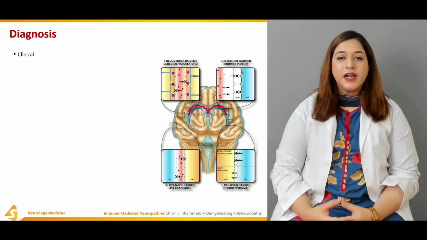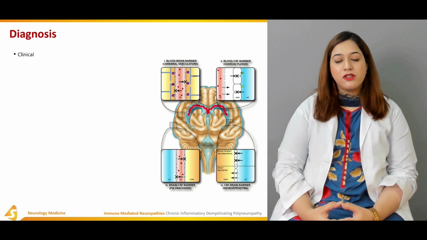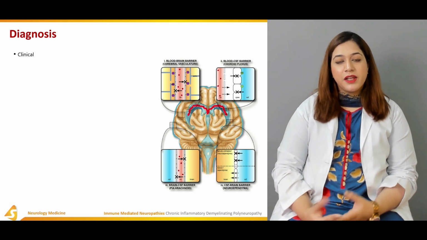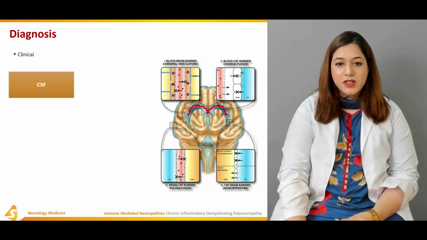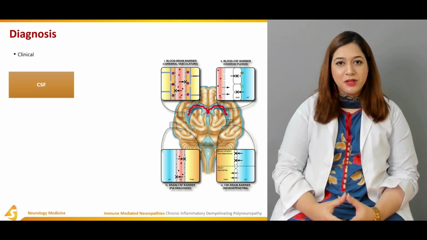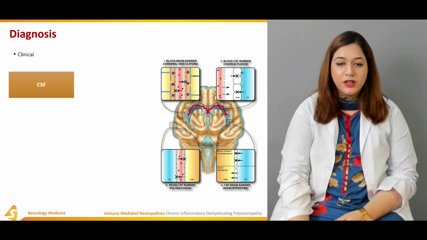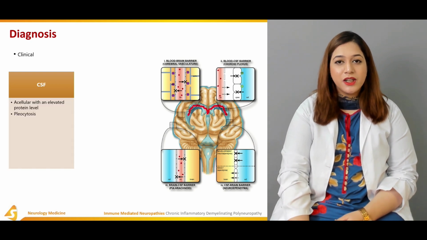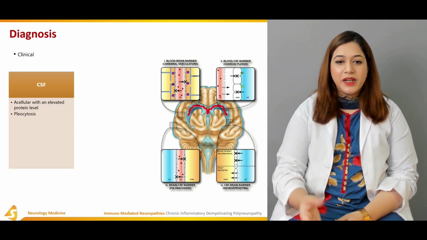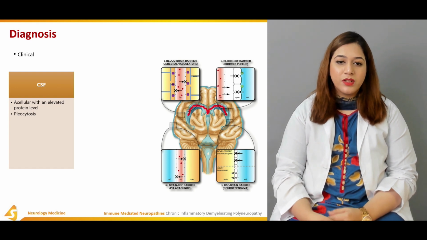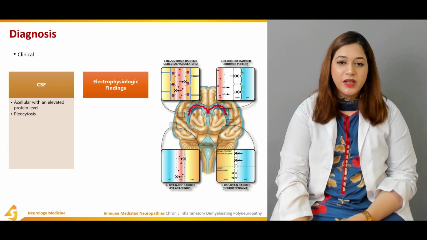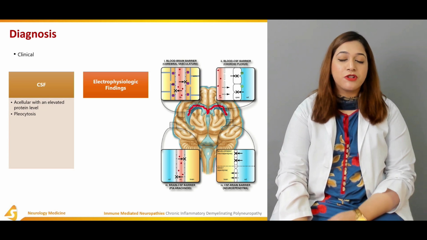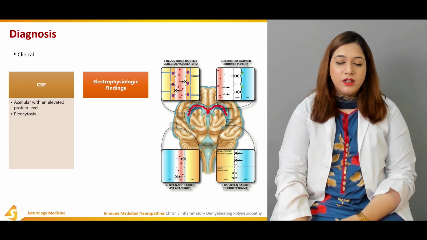Now, the diagnosis is based on certain characteristics that are based on clinical acumen, cerebrospinal fluid examination and its findings that include acellular CSF with elevated protein levels, and also on the electrophysiologic findings.